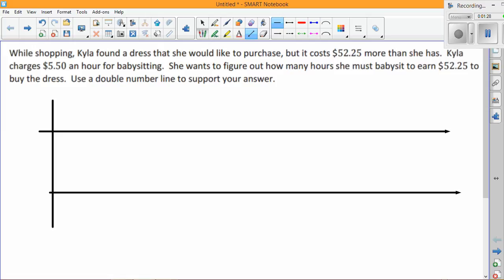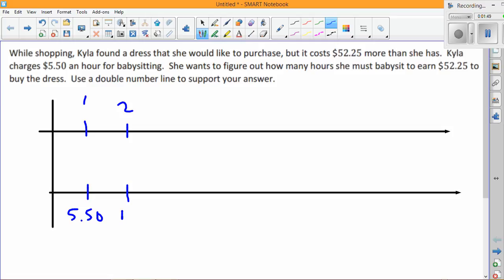So in this case, the first side is going to be each hour that she's babysitting. After 1 hour, she makes $5.50. At 2 hours, she's going to make $11. At 3 hours, $15.50.